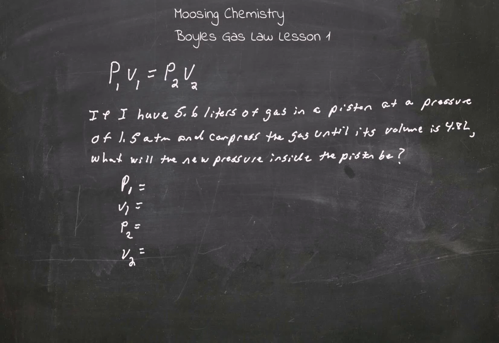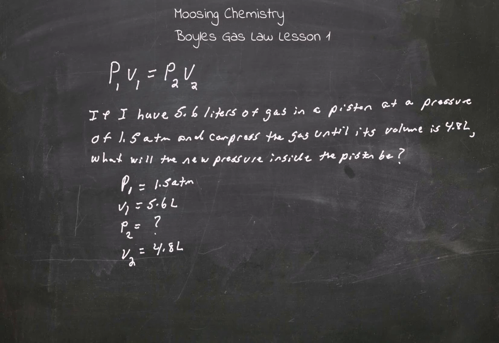If I have 5.6 liters of gas, so 5.6 liters is my first volume. My first pressure is at 1.5 ATM. Half the problem of getting these questions right is reading who's who. The second volume is 4.8 liters.